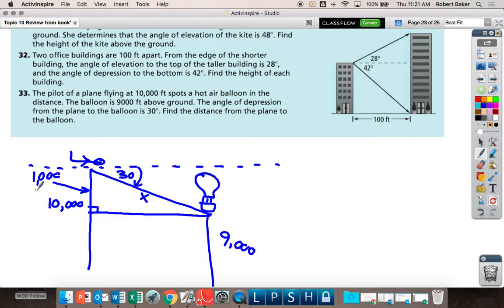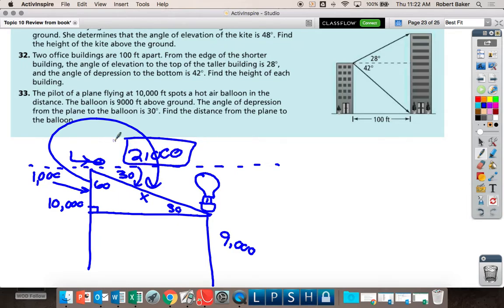But what is the angle inside the triangle? 60. So 60, 90, 30. So you can use trig here, you can use special right triangle tricks. How do you get from a short leg to a hypotenuse? Times 2. So the answer here is 2,000 feet. 2,000 feet is the diagonal distance from the hot air balloon to the plane. You can use trig there, that's fine, I don't care. But special right triangle tricks are a lot faster.